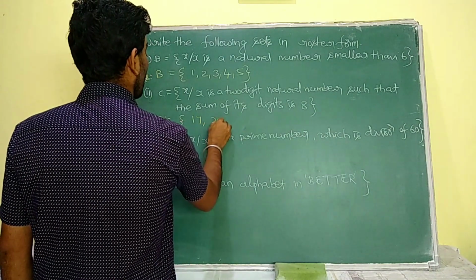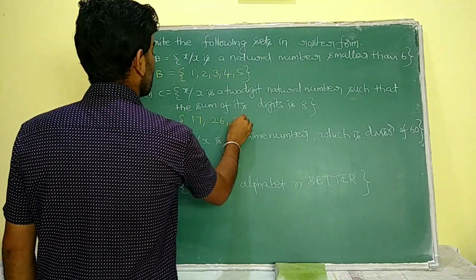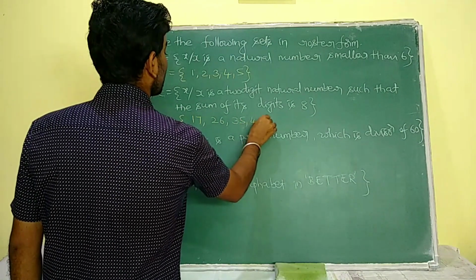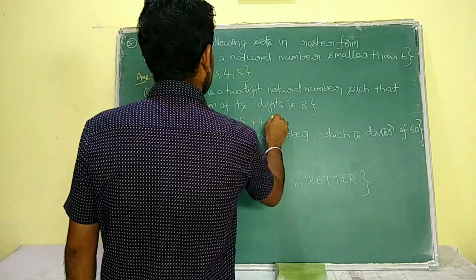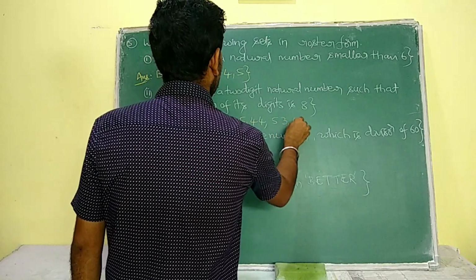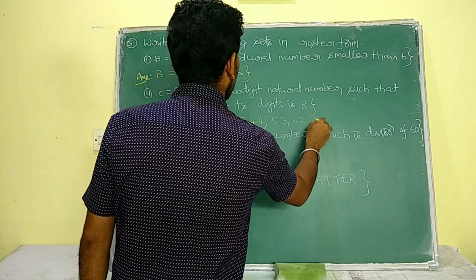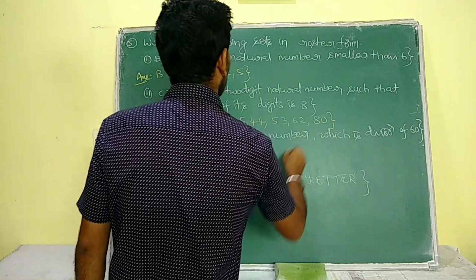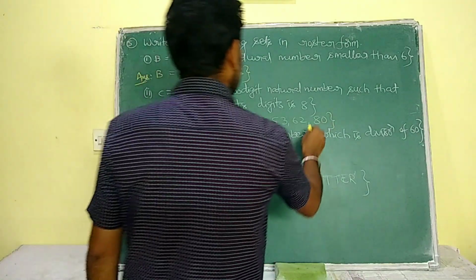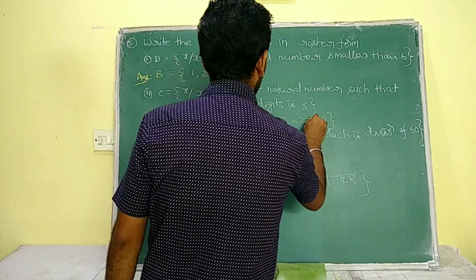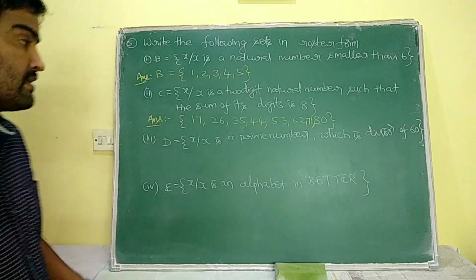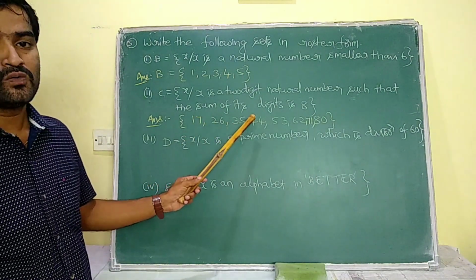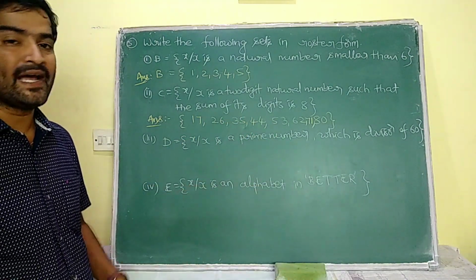Next 26, 35, 44, 53, 62, and 80. Okay? And here 71 also. 71, 80. These are the 2-digit numbers whose sum of the digits is 8.